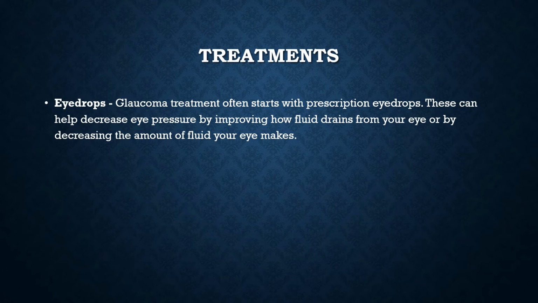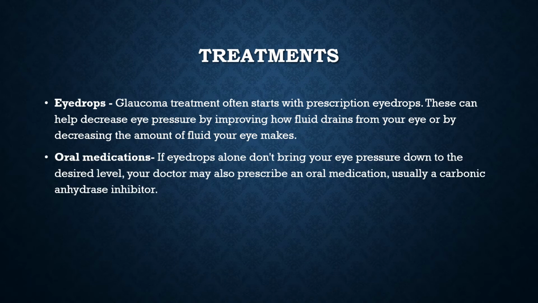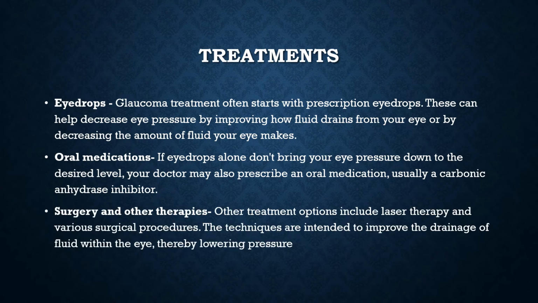Some treatment options for glaucoma include eye drops, which is usually the first step when treating glaucoma. They are prescribed eye drops and they help decrease the pressure by improving how fluid drains in your eye or decreasing the amount of fluid your eye makes. We have some oral medications which also inhibit some of the fluid that your eye makes. And there's surgery and some other therapies.